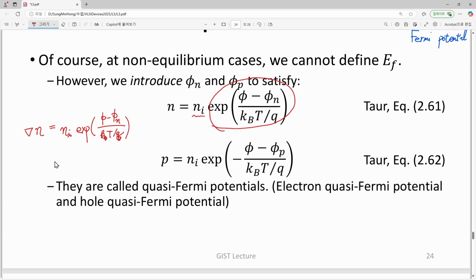Then later we must consider the gradient of its input argument, phi_n over k_B T over q. So simply speaking, what is this?